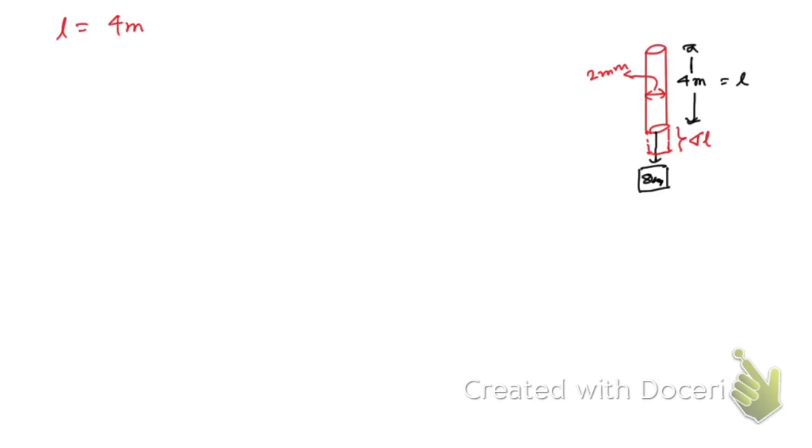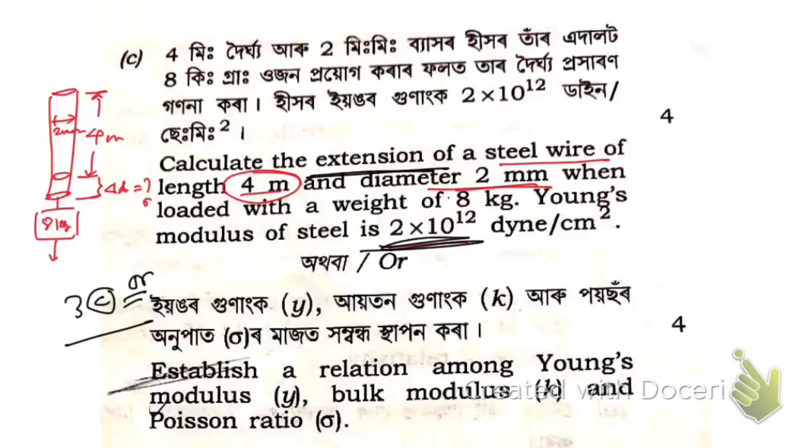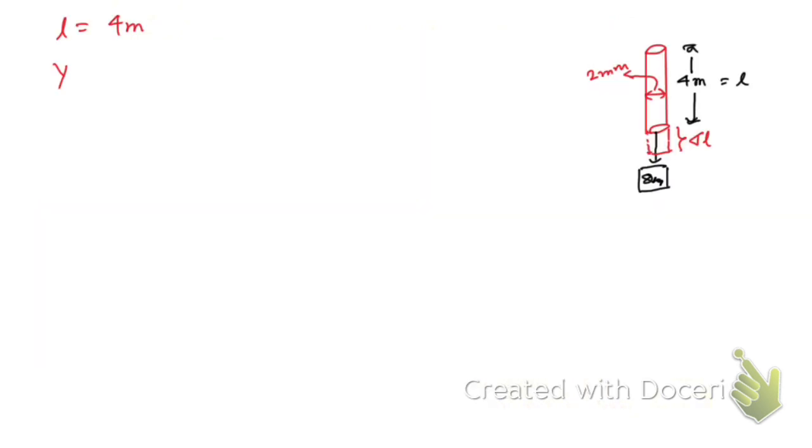Young's modulus is given here as 2 into 10 to the power 12 dyne per centimeter square.